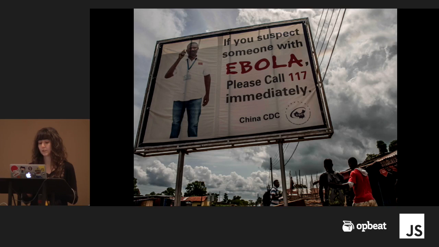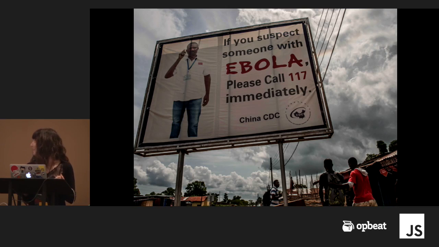So what they did was set up an emergency phone number where people can call with any Ebola-related emergency, saying that somebody is sick or somebody is dead, or just asking for information. Education is very important here too, because at the beginning of the outbreak, people didn't know how to deal with Ebola, or what it was, or some people didn't even believe it existed.